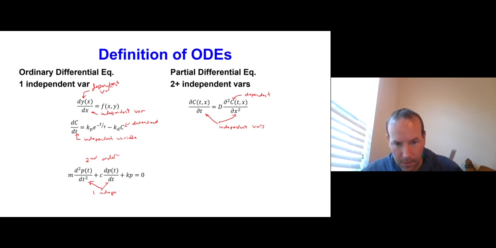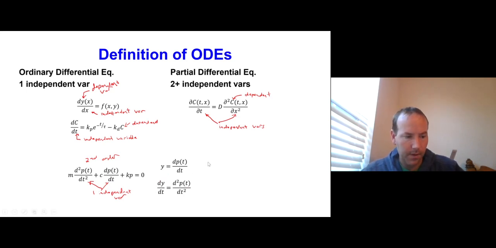And sometimes you might need to rearrange the second order differential equation by using a little variable substitution. Basically, if we make a new variable y that is given by the first derivative of p, then that would mean that if you took the derivative of both sides, the derivative of y would be the second derivative of p.